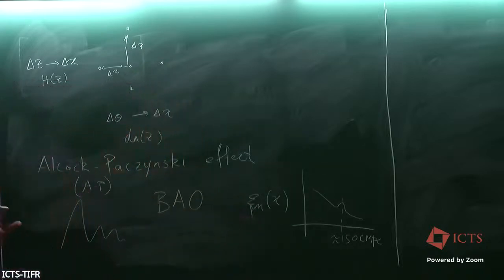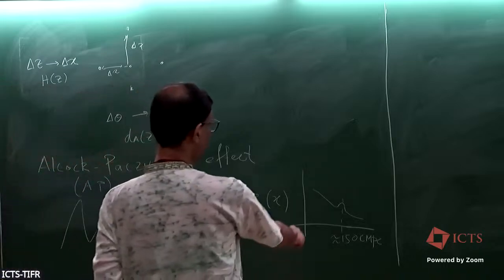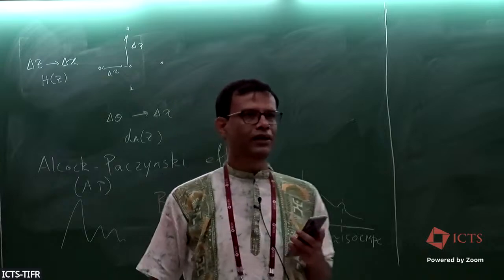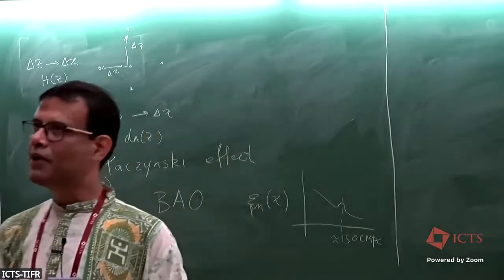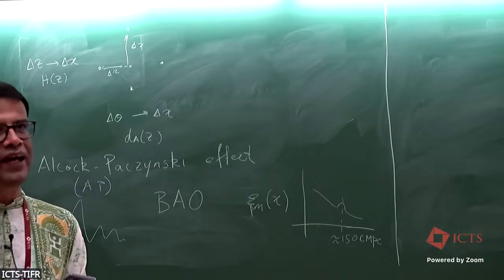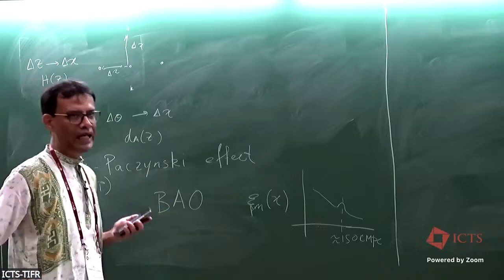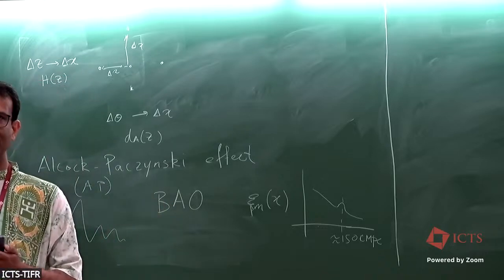So there is a lot of effort to measure this feature in the galaxy power spectrum and power spectra of any tracer you talk about. Many of the recent results you have seen would have come from BAO. So this has become extremely important.